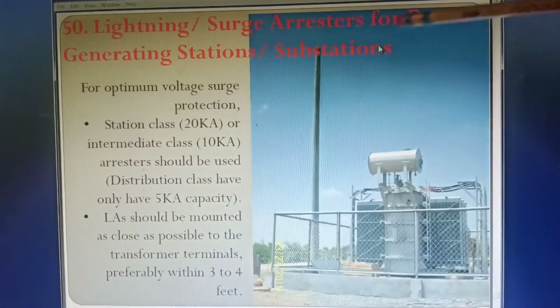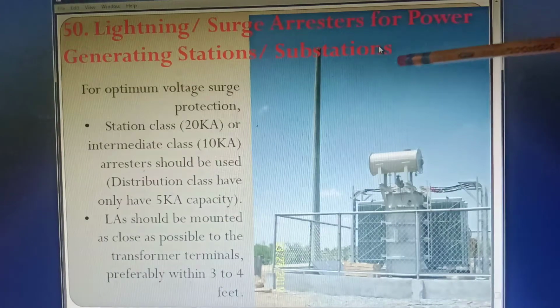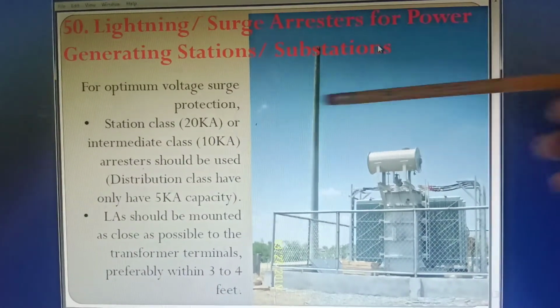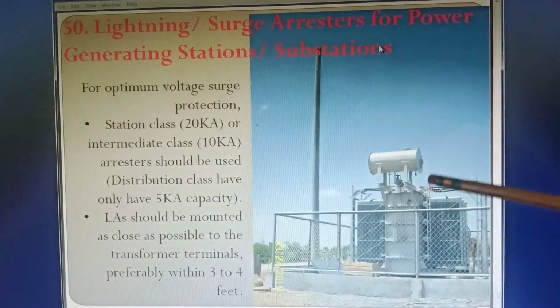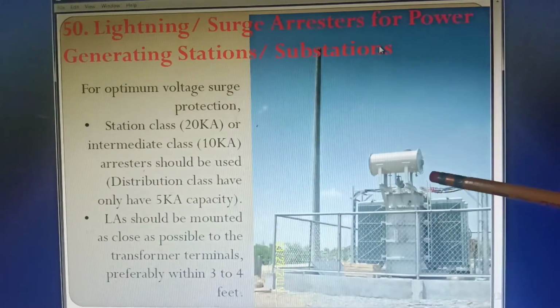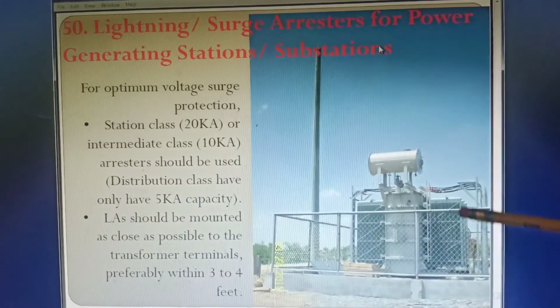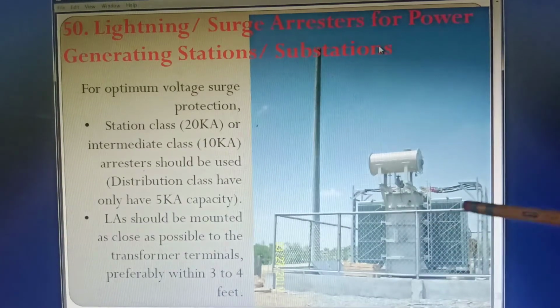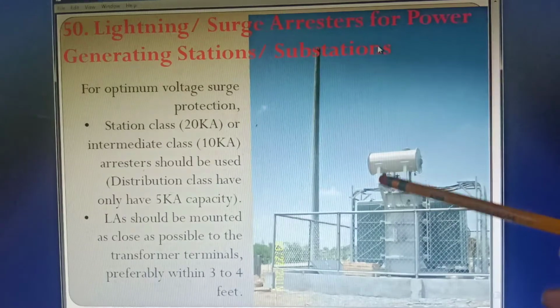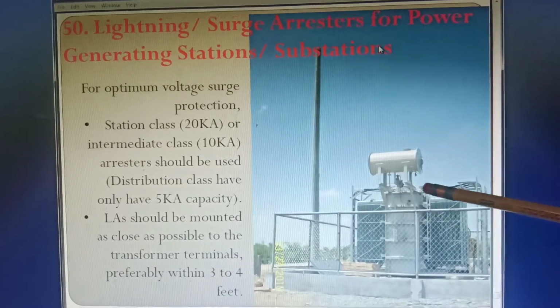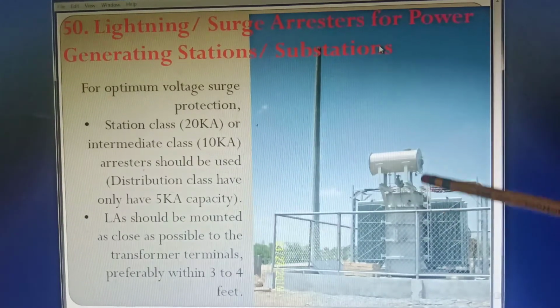Okay, lightning and surge arresters for power generating stations as well as substations. It is very important that lightning arresters must be installed on the terminals of transformers. Take note in this transformer that there are no lightning arresters installed in the primary and the secondary side of the transformer.